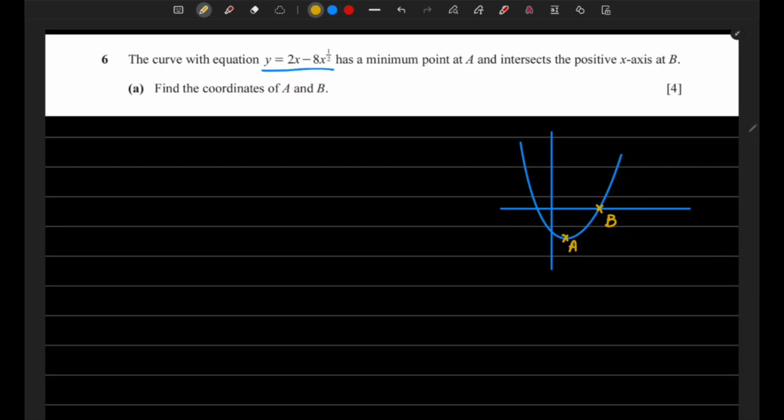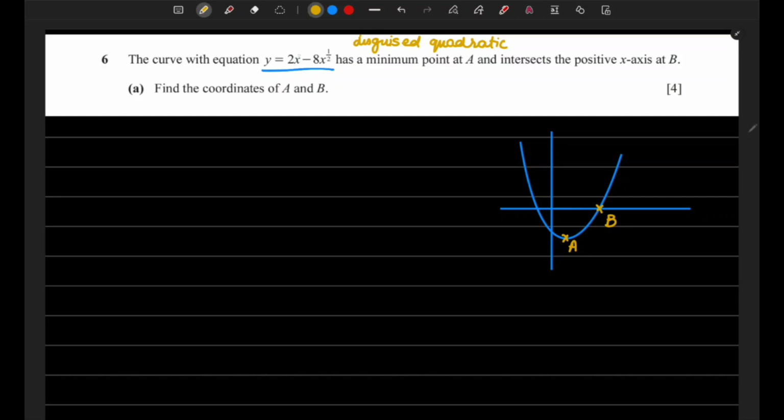Why did I make this a quadratic equation? Because it seems not to be a quadratic, but it seems to be a disguised quadratic. In a quadratic equation we have x squared plus 2x plus 3, something like that.